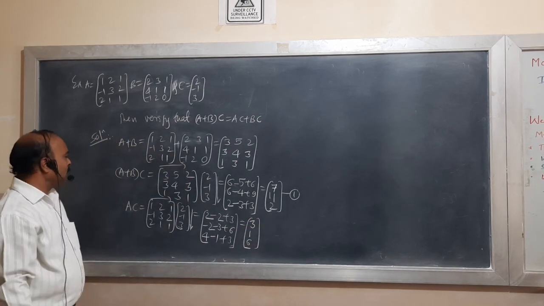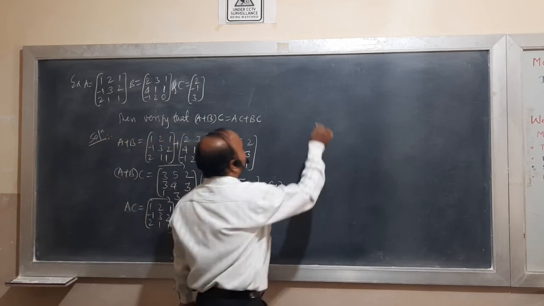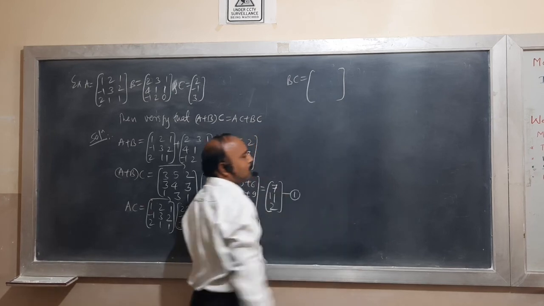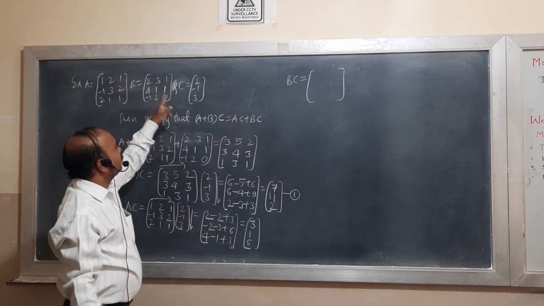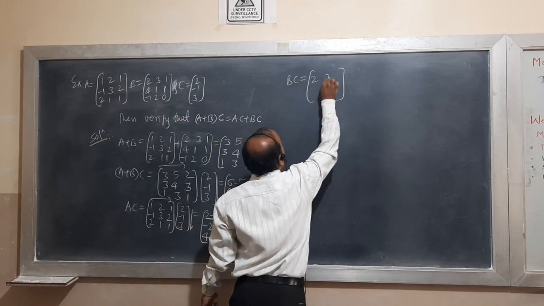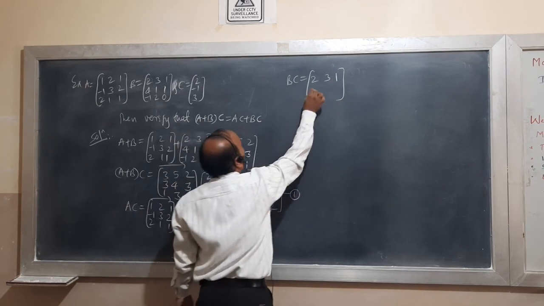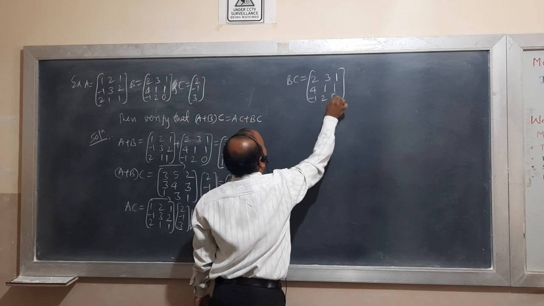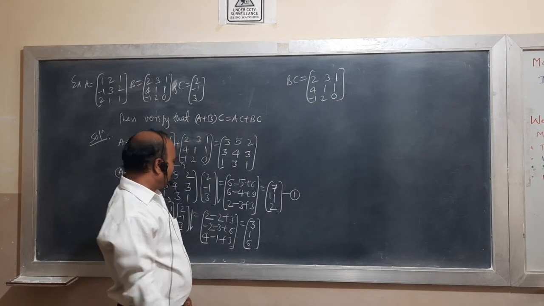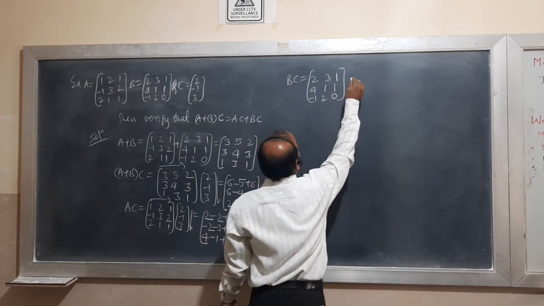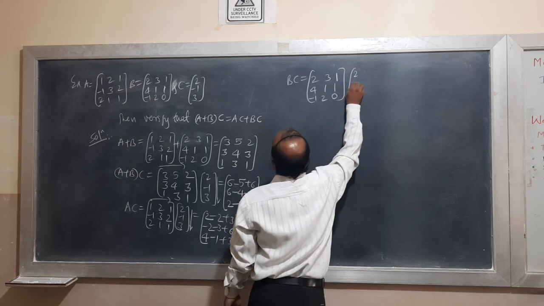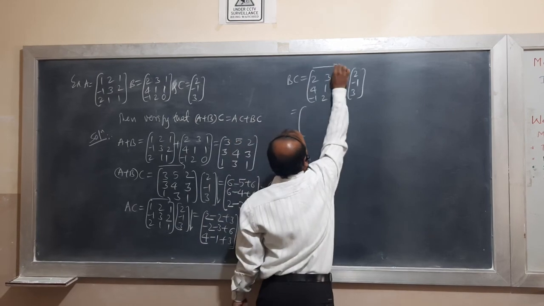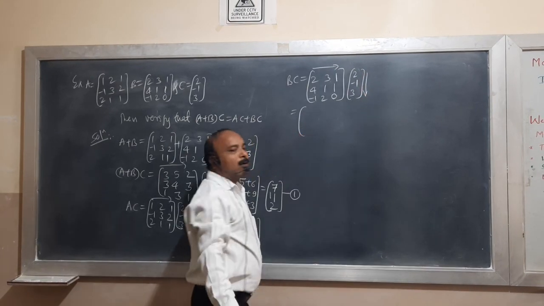It is AC. Then we go for BC matrix, B into C. First we write B. B is [2, 3, 1; 4, 1, 1; minus 1, 2, 0]. C matrix is [2; minus 1; 3]. Now again we start multiplication. Again row with column.